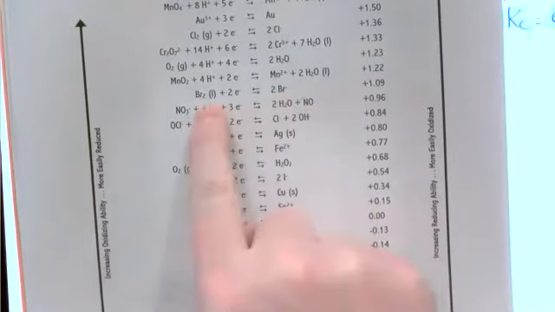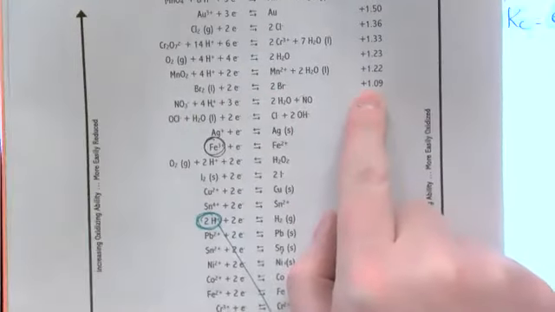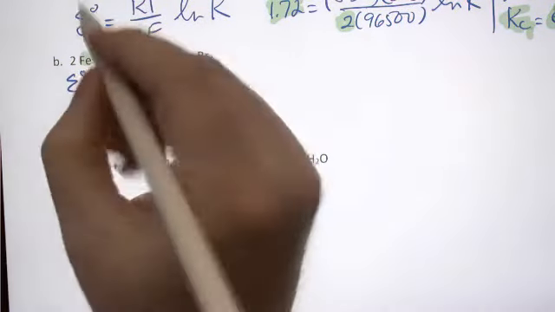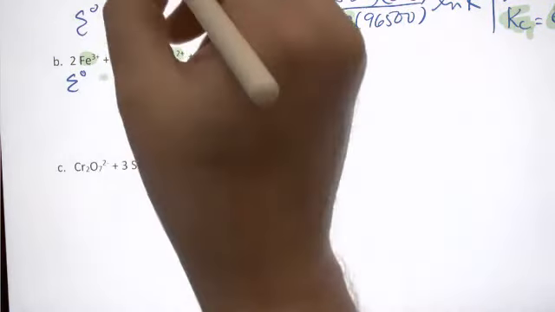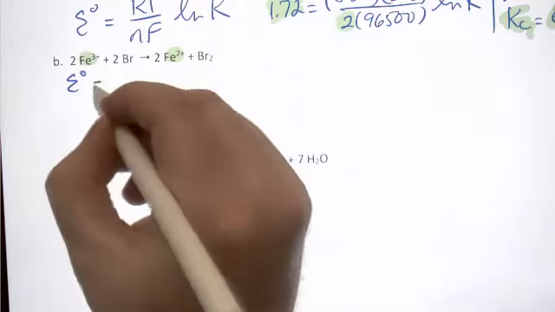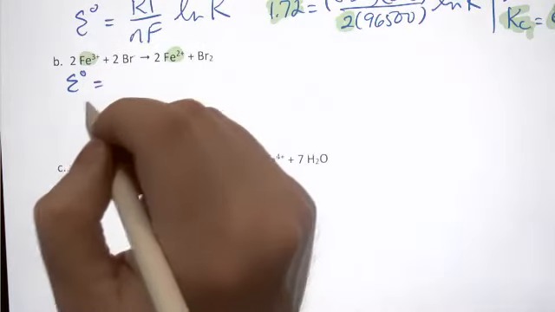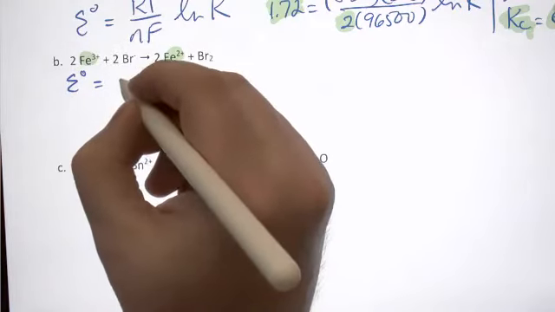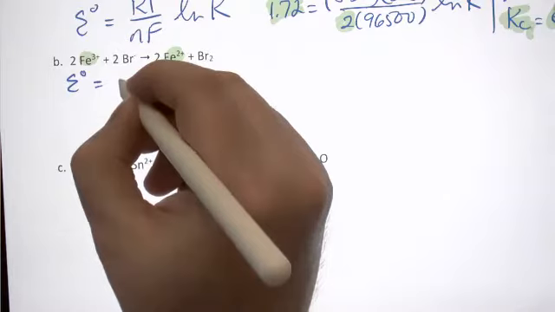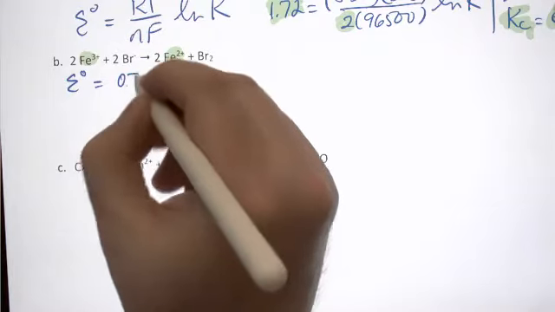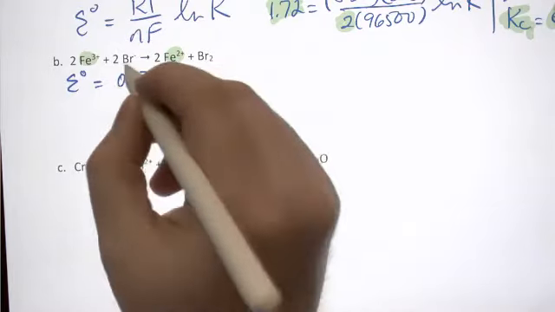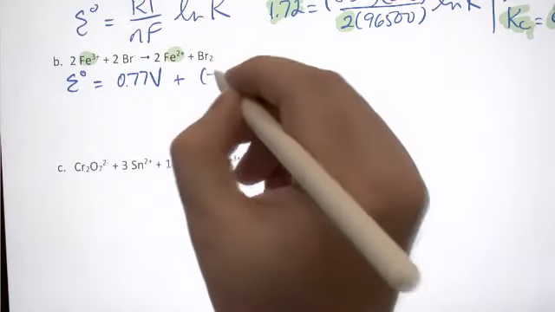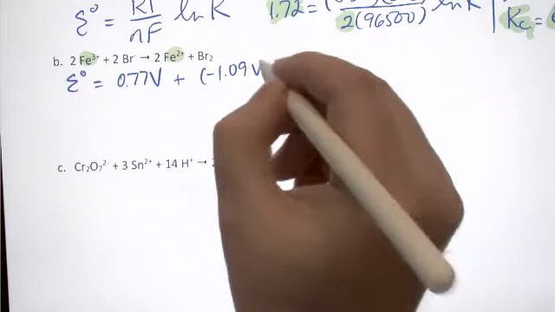Bromide to bromine would be negative 1.09 volts. So putting those together, the E naught would be, for the Fe3+ to Fe2+, that's a reduction potential. That's going to be positive 0.77 volts. Bromide to bromine, that's the oxidation potential. That's negative 1.09 volts.